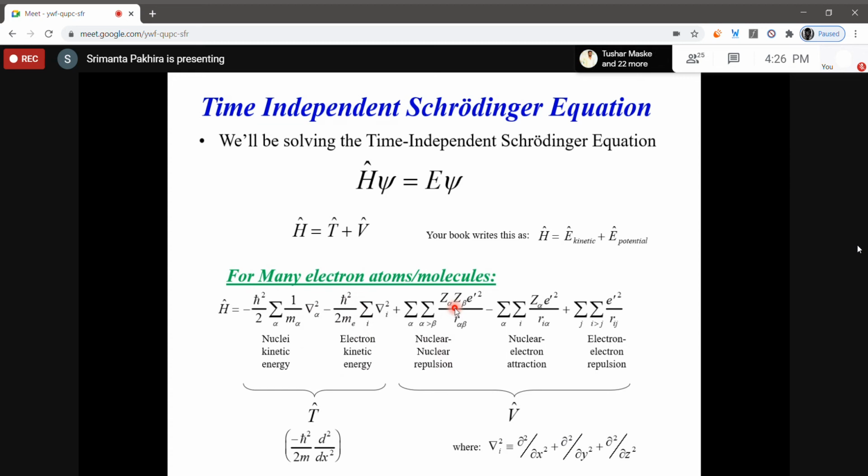Inside the nucleus there are protons, and outside, the electrons revolving around the nucleus are free negative charges. That's why the fourth term is the nuclear-electron attraction term. And the last term is the electron repulsion term, because all equal types of charge repel each other.